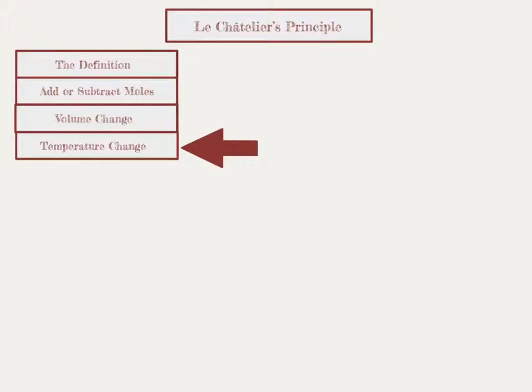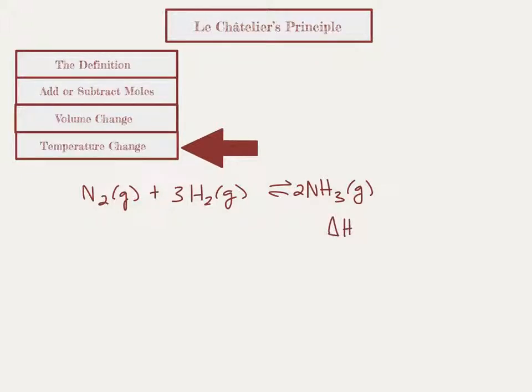The last kind of stress that we're going to consider is the change of temperature. Let's go back to that really fun example with the nitrogen and the hydrogen gas yielding ammonia. This particular reaction also happens to have a delta H of negative 92 kilojoules.